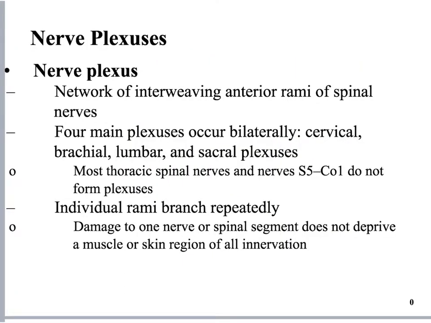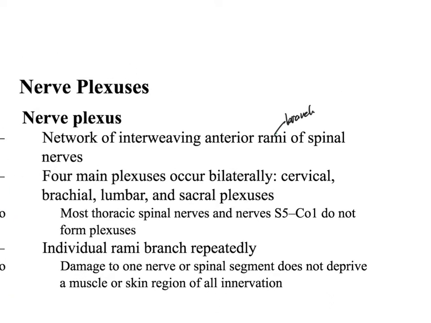Okay, so let's talk about plexuses. A plexus is a network of interweaving anterior rami of spinal nerves. So we said that rami were what? They were branches. So at this point we have two roots.